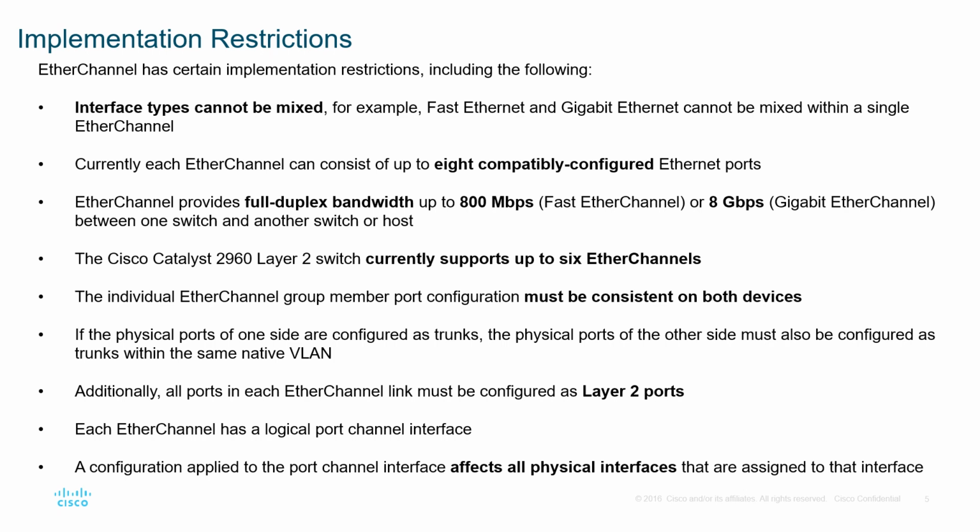Each EtherChannel has a logical port channel interface. So a configuration applied to the port channel interface will affect all the physical interfaces that are assigned to that interface. And that is precisely how we want you to proceed. Once you create that port channel, do that as your very first step.